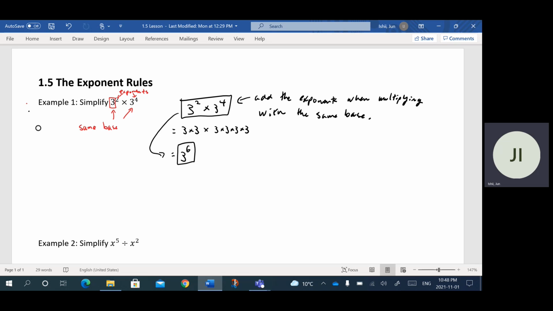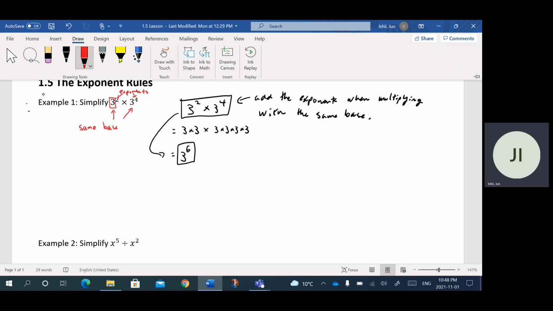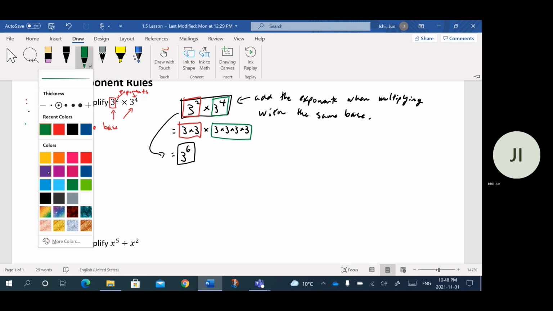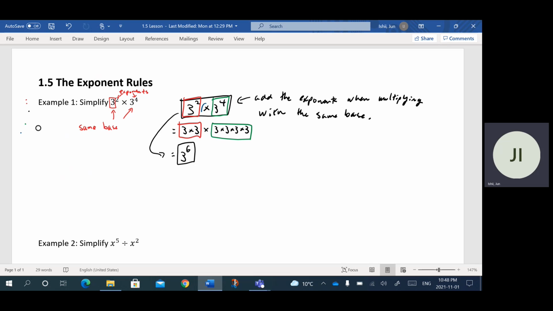Hopefully visually this makes sense. Probably should use different colors. 3 squared is 3 times 3, and 3 to the 4th is 3 times 3 times 3 times 3, so 4 times. Let's go with blue, and say this is multiplied by that. If I took away the colors, it's just 3 times itself 6 times, so 3 to the 6th.